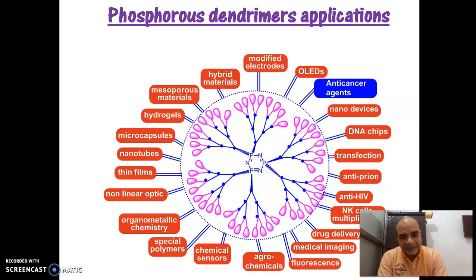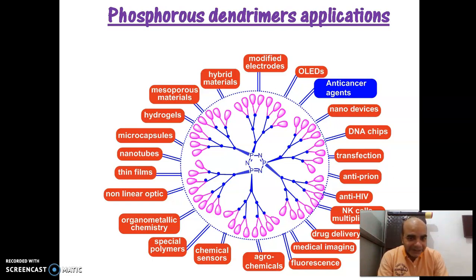The reason is that there is a surface around the dendrimer, and if we perform chemistry on these surfaces, we can change the properties of the surface from cationic to anionic to neutral, and by changing these properties, the application of these dendrimers will change in different fields.